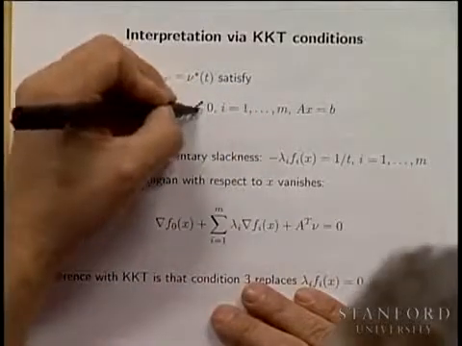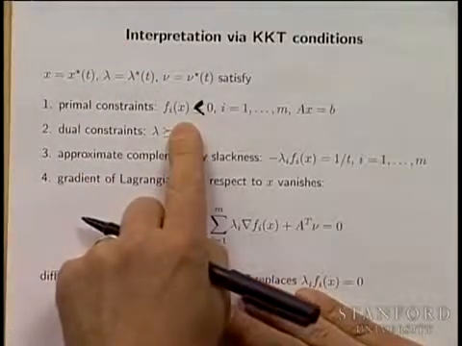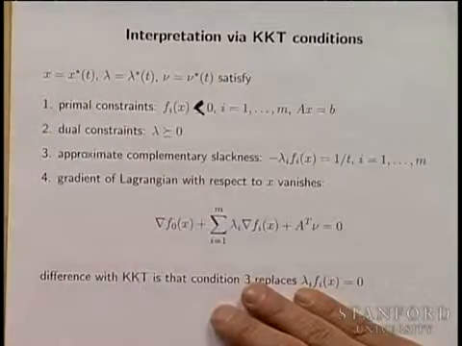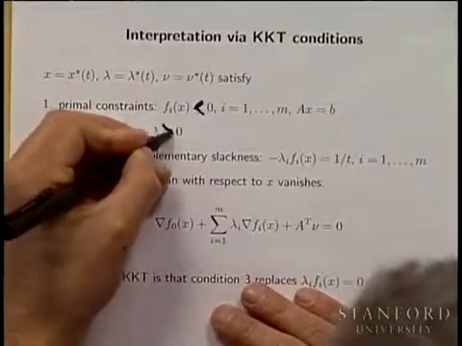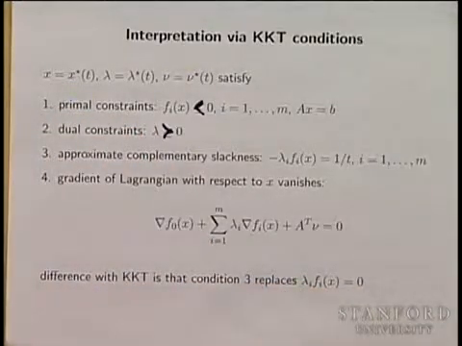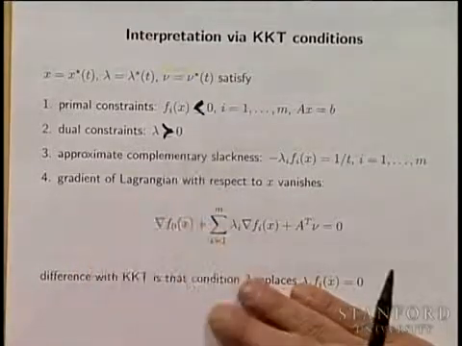In fact, this one I can make stronger. You're actually strictly feasible, obviously, because the objective that defines x star of t has log of minus fi. So this is strictly positive, and in fact these lambdas are strictly positive, because those are 1 over t times minus fi, which is strictly positive.